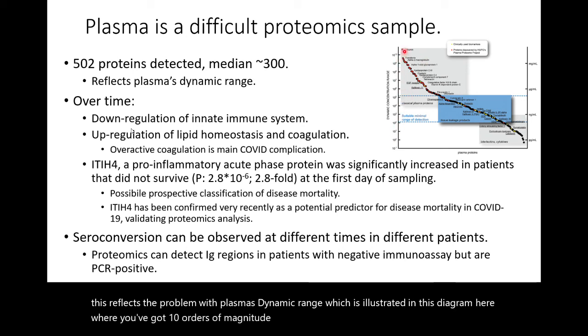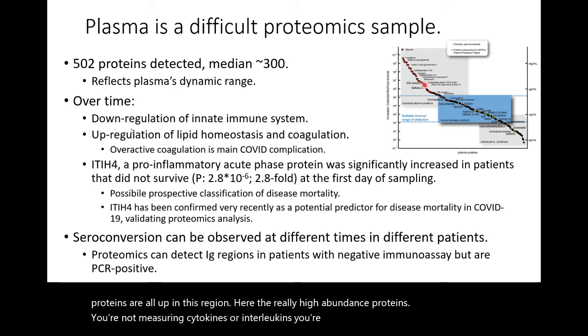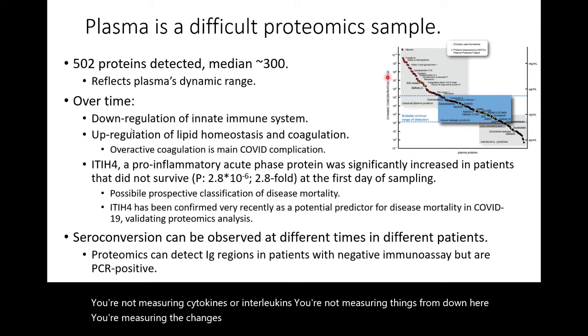And so the first 400 or 500 proteins are all up in this region here, the really high abundance proteins. You're not measuring cytokines or interleukins. You're not measuring things from down here. You're measuring the changes in abundance of the most abundant proteins in the serum. But surprisingly, this is still very, very powerful.